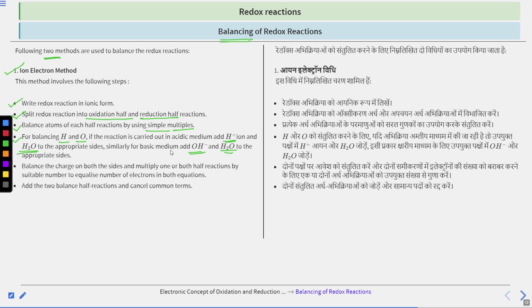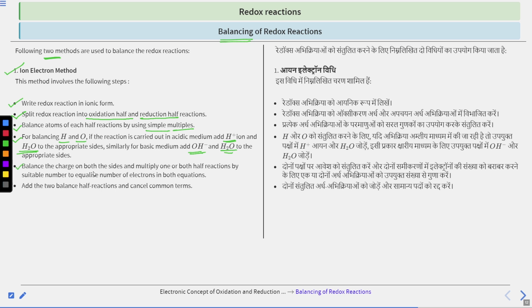If the reaction is happening in basic medium, we add OH minus rather than H plus, because it is in basic medium. So we add OH minus and H2O to the appropriate sites for balancing hydrogen and oxygen atoms.